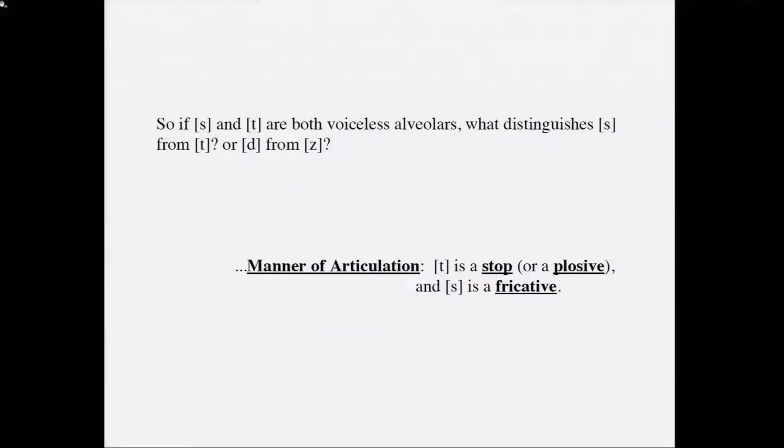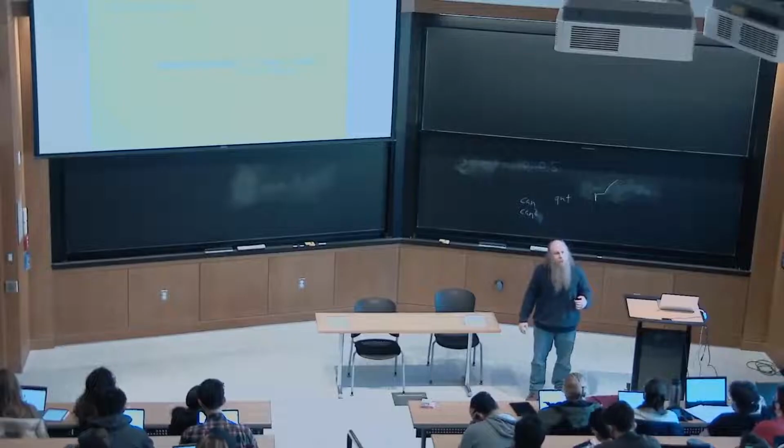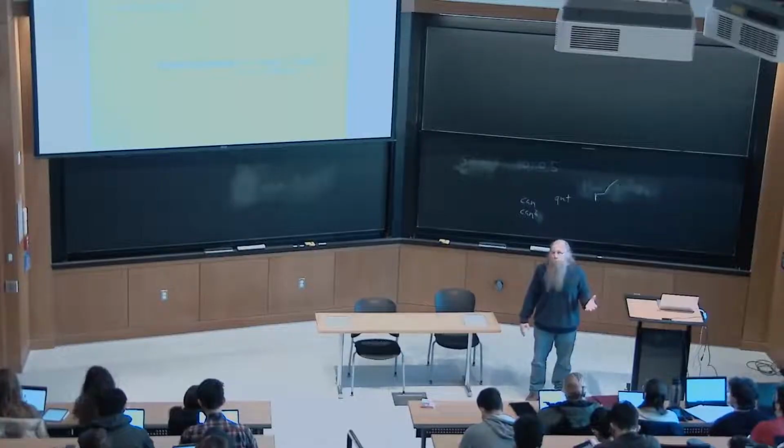Fricatives, like S, are sounds in which you don't stop the flow of air, but you narrow some aperture enough to create turbulent airflow, which you hear as a kind of hissing sound. Sounds like S and sh and f are all fricatives.